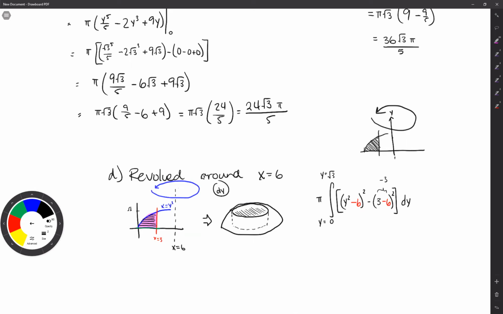Technically speaking, you could do it even when your axis of rotation is the y-axis or the x-axis. It's just that you'd be subtracting 0, right? Because the equations of those are like x equals 0 and y equals 0. So you're actually just subtracting nothing.